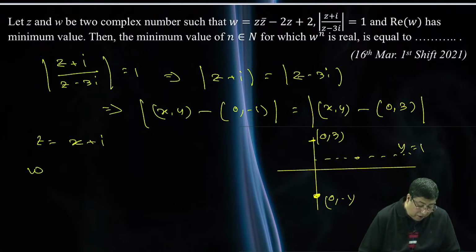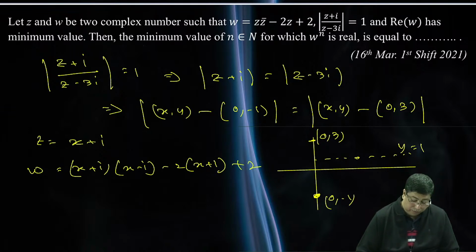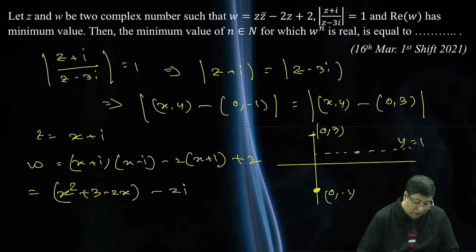This is not the cube root of unity, mind it. Omega equal to, given that z bar, it means x plus i, into x minus i, minus 2 into x plus i, plus 2. So we are getting here x square plus 3 minus 2x minus 2y, that is, we can write x minus 1 whole square plus 2 minus 2y.